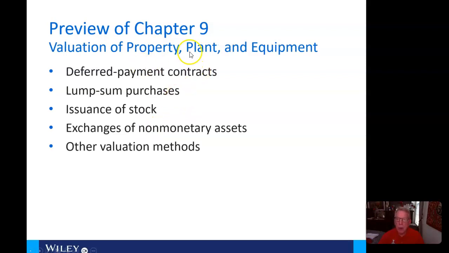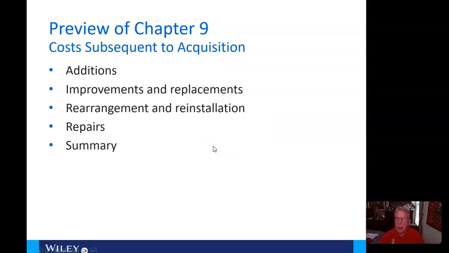And then we'll continue by looking at deferred payment contracts, lump sum purchases, issuing stock, exchanges of non-monetary assets, and other valuation methods. Then our costs subsequent to acquisition include additions, improvements and replacements, rearrangement and reinstallation, repairs, and then a summary.